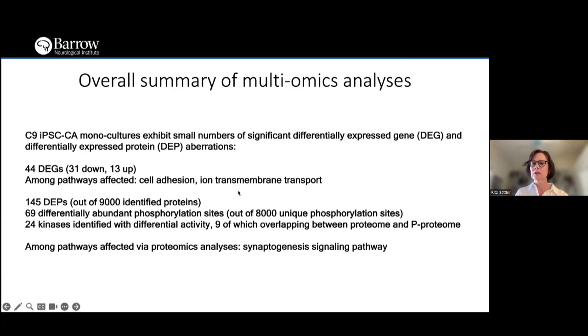So there were changes in the phosphorylation of 69 sites. And then with that information, we were able to sort of indicate what kind of kinases might be differentially active based on the phosphorylation sites that we found. And about 24 of those kinases were differentially active, and 9 of them overlapped actually between the proteome and the phosphoproteome, which was really interesting.